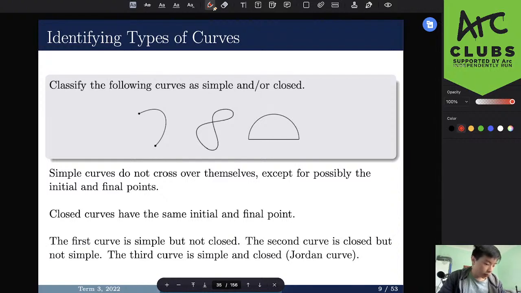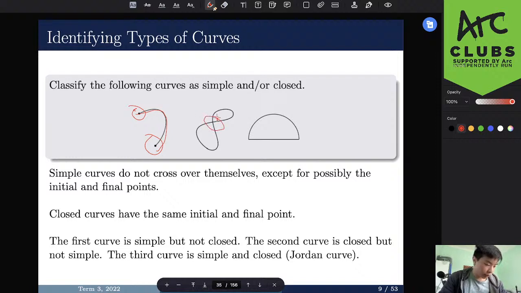So the first curve is simple because it doesn't cross over itself, right? It just goes like that, and of course, obviously it doesn't cross over itself, but since it has a distinct initial and final point, we say that it's not closed. And so we can look at the second curve.